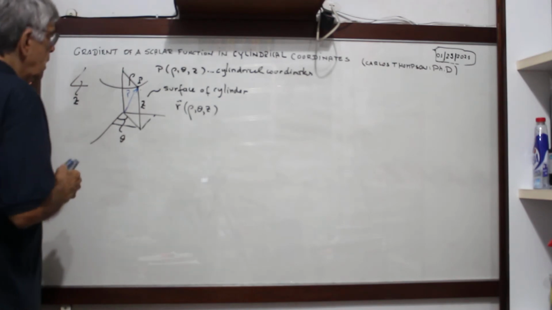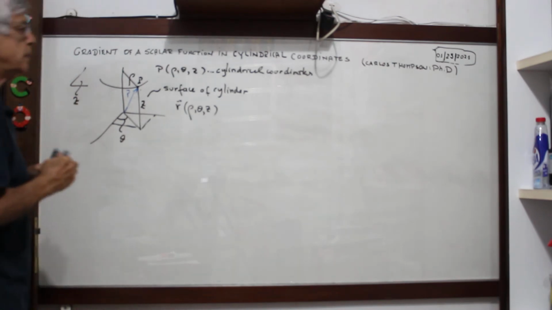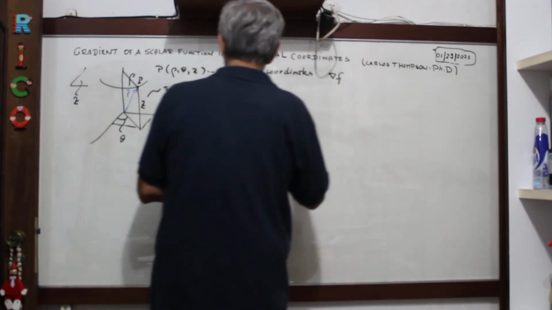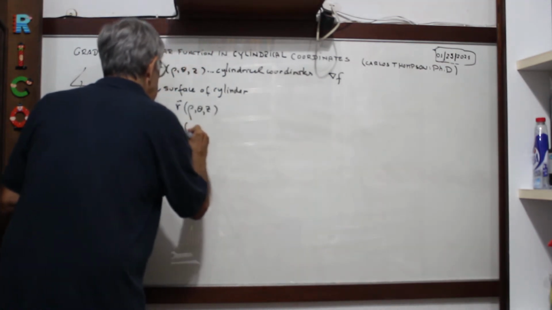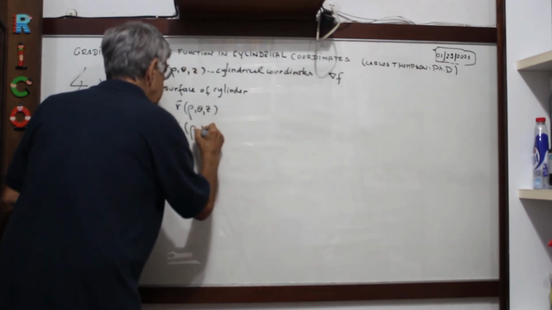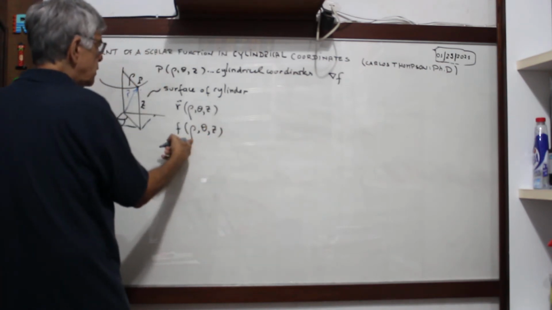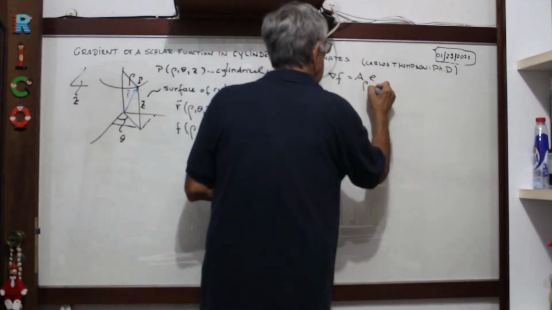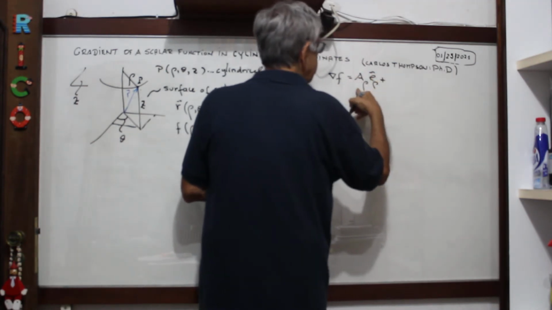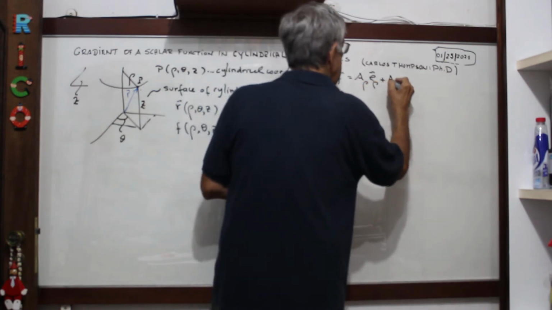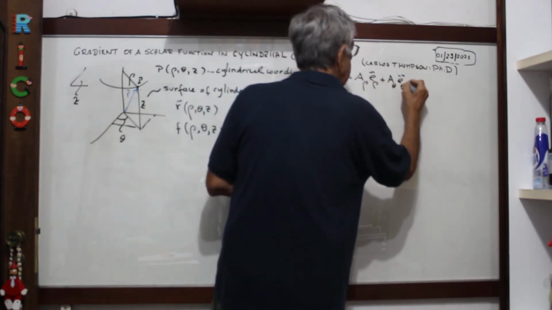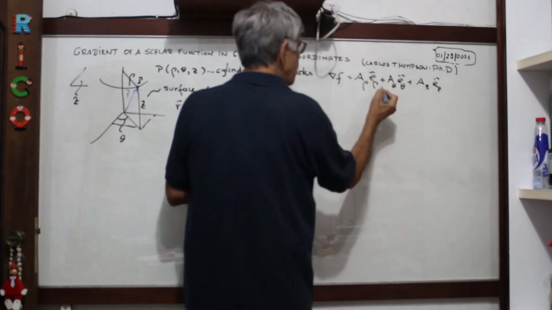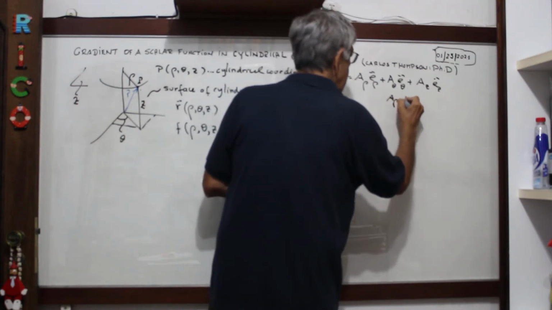Now, what I want is to express the gradient of a function, expressed in terms of the coordinates. This is a function, and these are the components of the gradient, which I don't know.